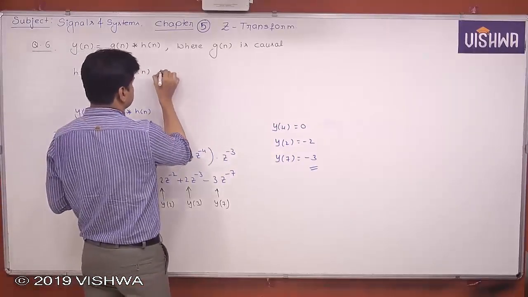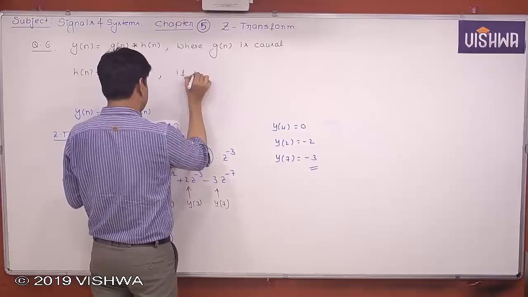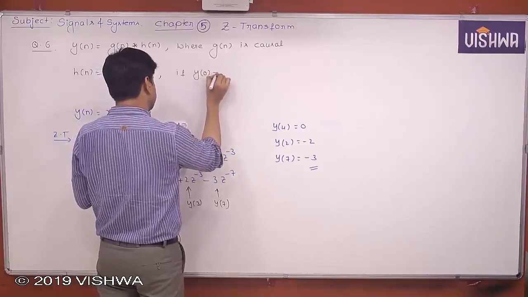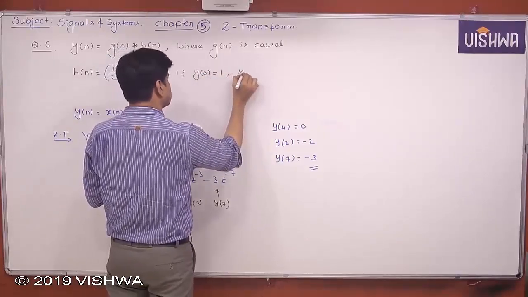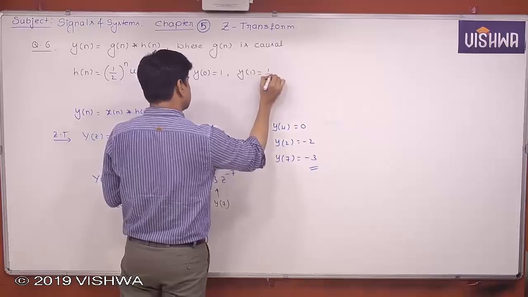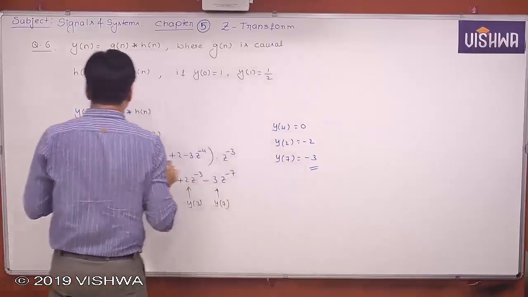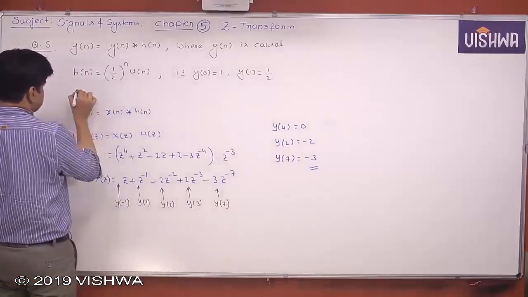If small y of 0 is equal to 1 and small y of 1 is equal to 1 by 2, then g of 1 is?